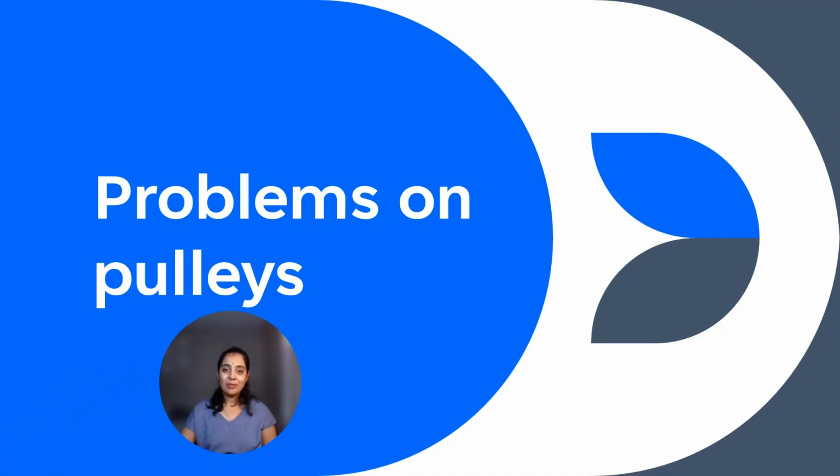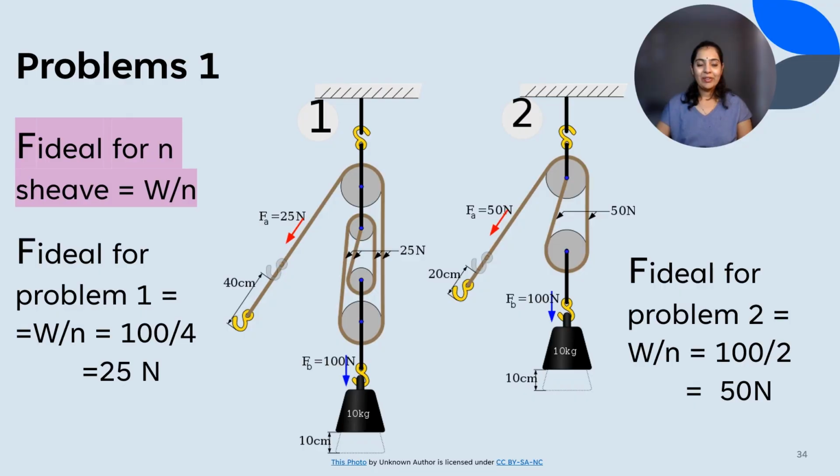Problems on pulleys. So problem 1. In this case, these are pulleys acting in series, lifting this 10 kg weight. So we have to calculate F ideal for this series of pulleys.